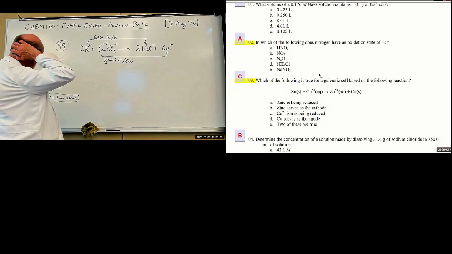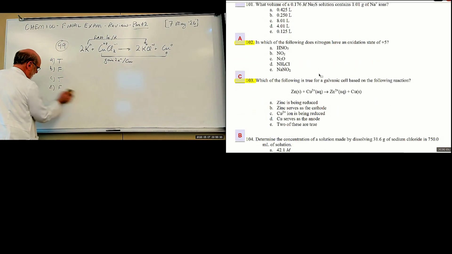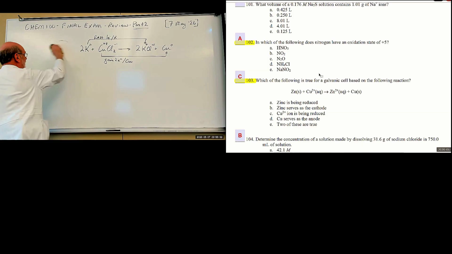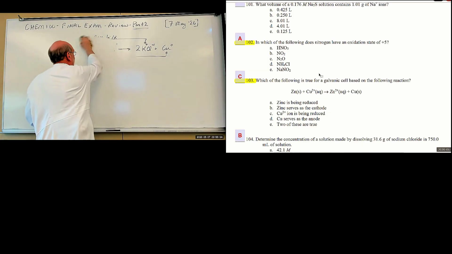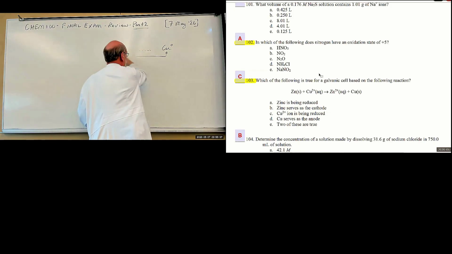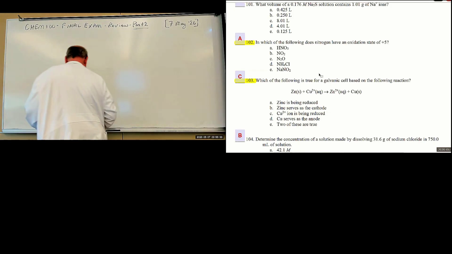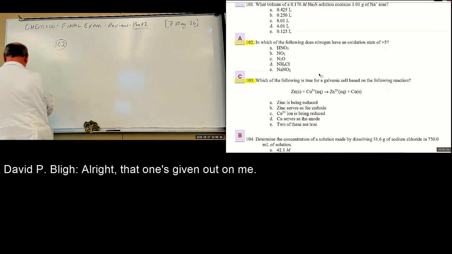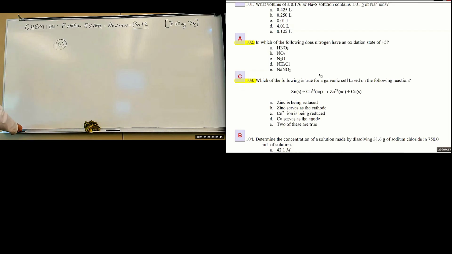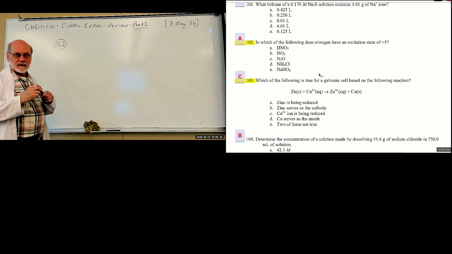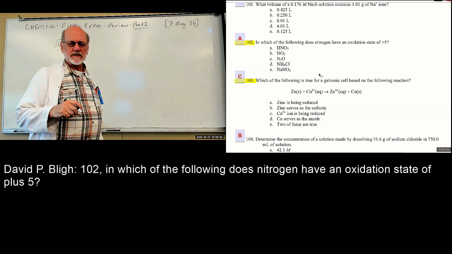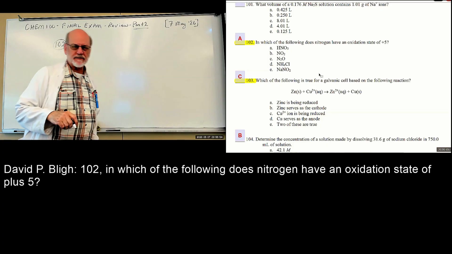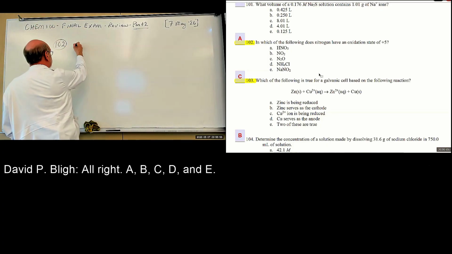102. In which of the following does nitrogen have an oxidation state of +5? All right.